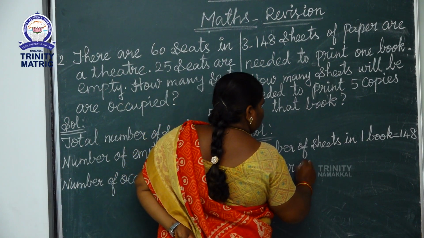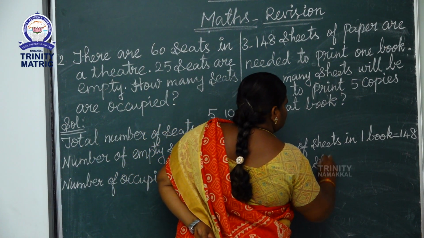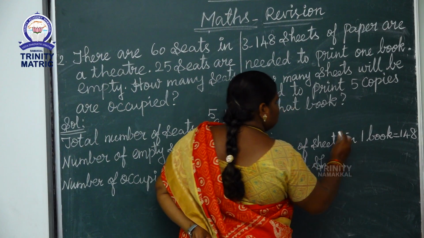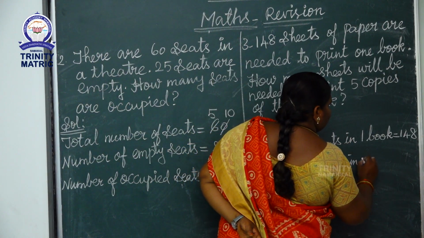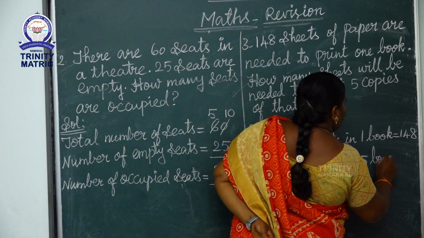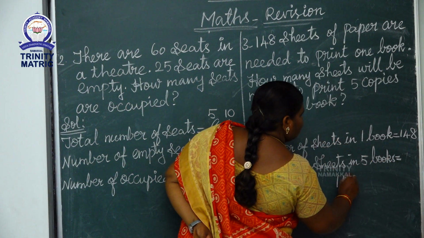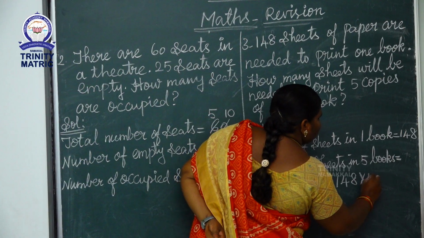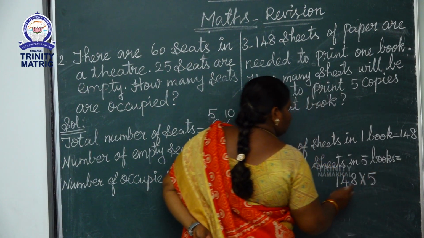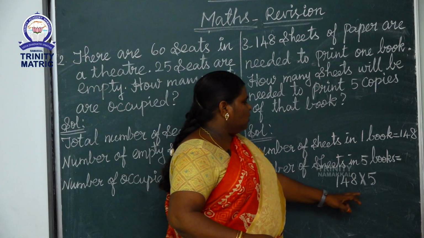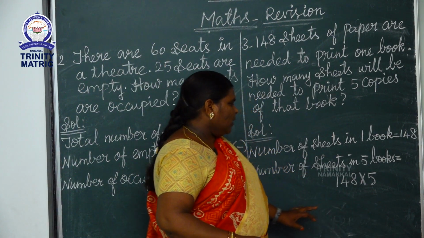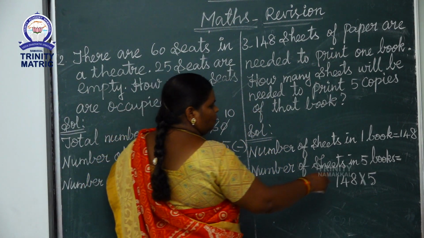Number of sheets in 5 books: 148 into 5. We are multiplying. Okay, we do the multiplication sum.